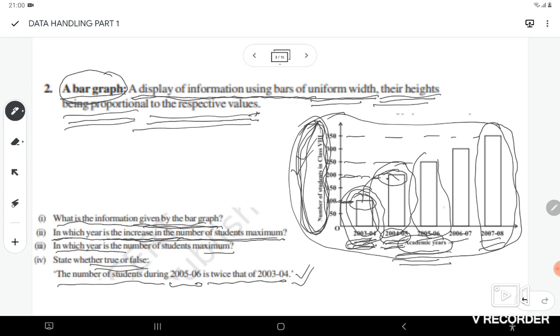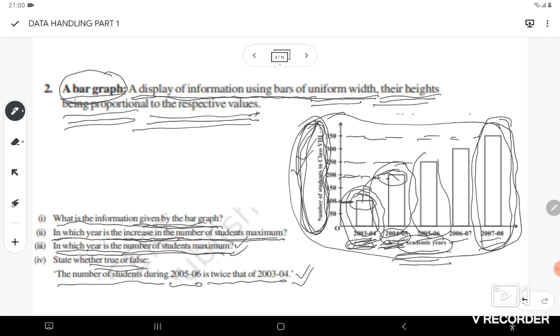So it has doubled in 2004 to 2005. Next question says, in which year is the number of students maximum? From the graph we can clearly see in the year 2007 to 2008, that is 350 students, the maximum number of students.